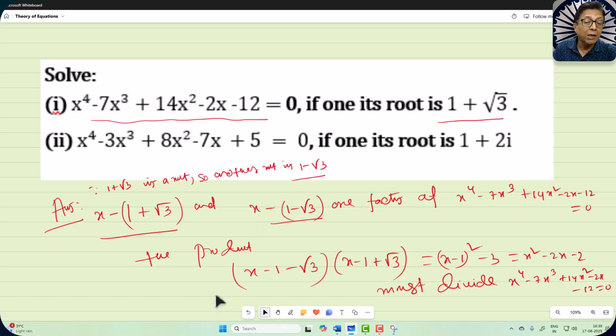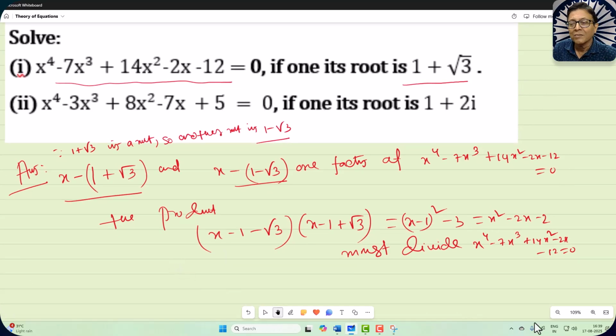So how to get the other two roots? Two roots are ensured. They have given only. So you divide, compare the quotient to 0, and it will give you two roots. Okay? So let me do the division portion and then I will share the result with you.